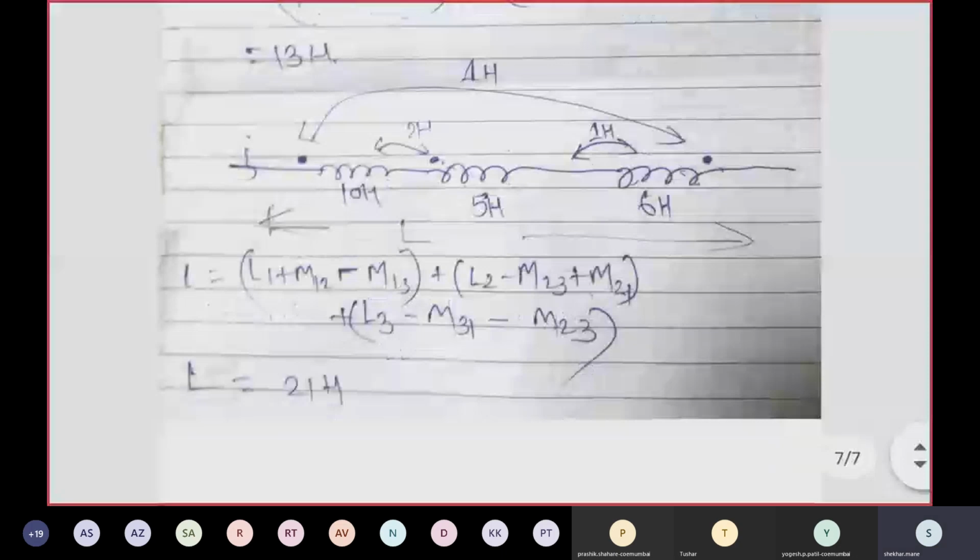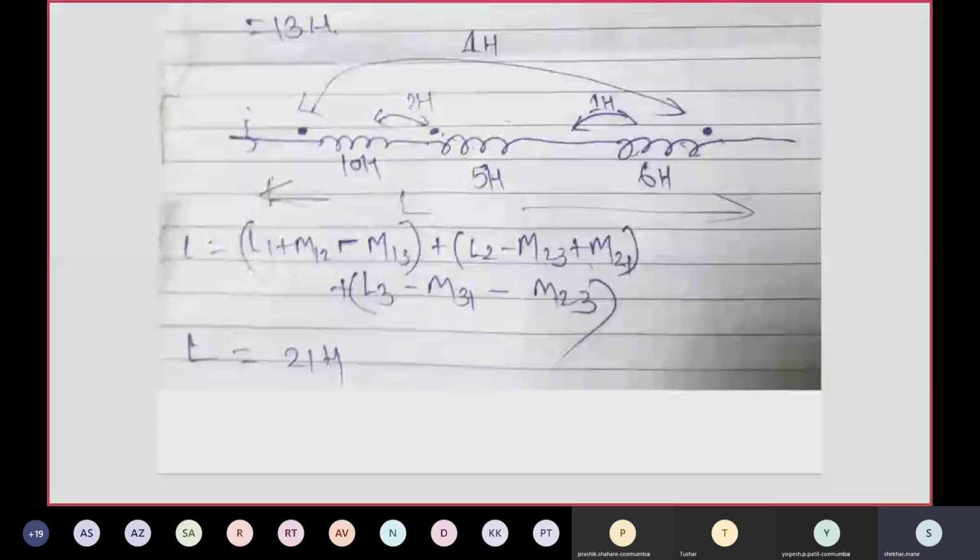So here, whenever we have to write the equivalent inductance, then L1 plus M12, since coil 1 and coil 2 both are the same, that's why their mutual inductance gets added. So that's why L1 plus M12 came. But coil 1 and coil 3 are different. Direction of current is different. So that's why minus M13 came there. Have you understood this?